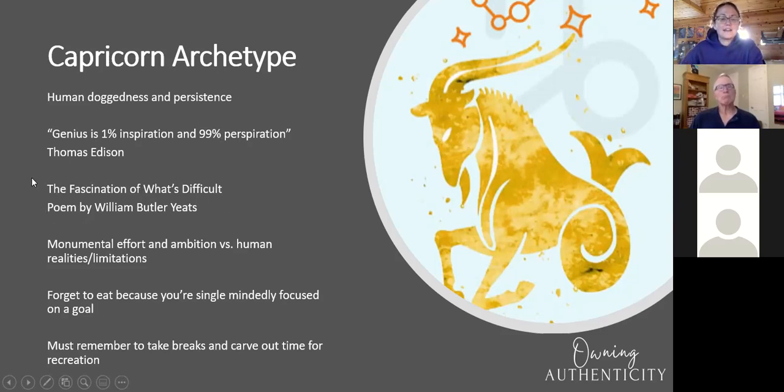This is a poem that I had never heard of, but that he included, The Fascination of What's Difficult. I genuinely think Capricorn as an archetype loves hard work. It wants to work hard for the sake of saying it worked hard and enjoying its own hard work and effort.